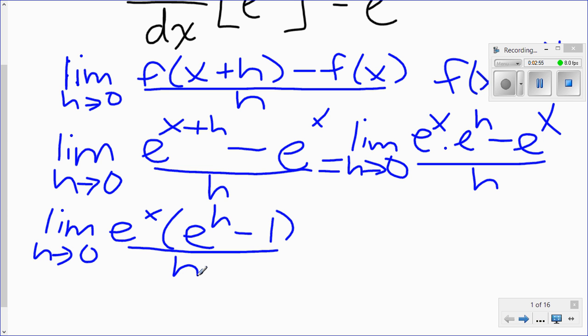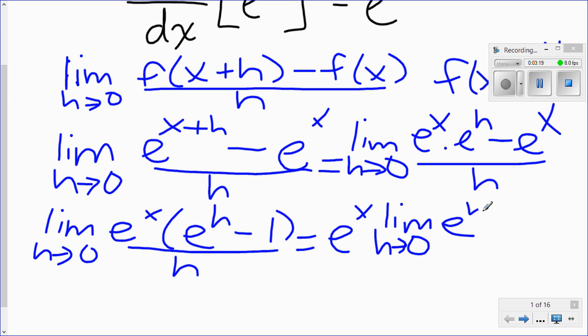Okay, now because we are evaluating the limit as h approaches 0, the e to the x is actually a constant multiple. So we can use the constant multiple law that says that we can move the constant multiple in front of the limit. So this now becomes e to the x times the limit as h approaches 0 of e to the h minus 1 all over h.